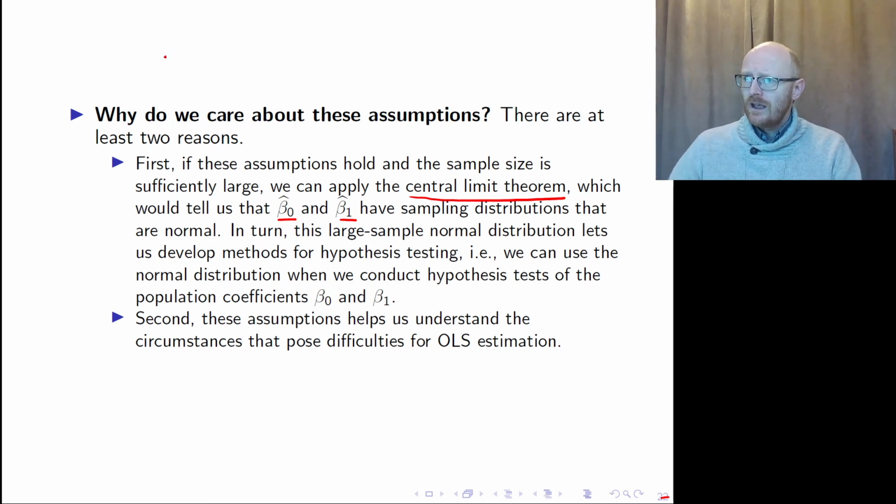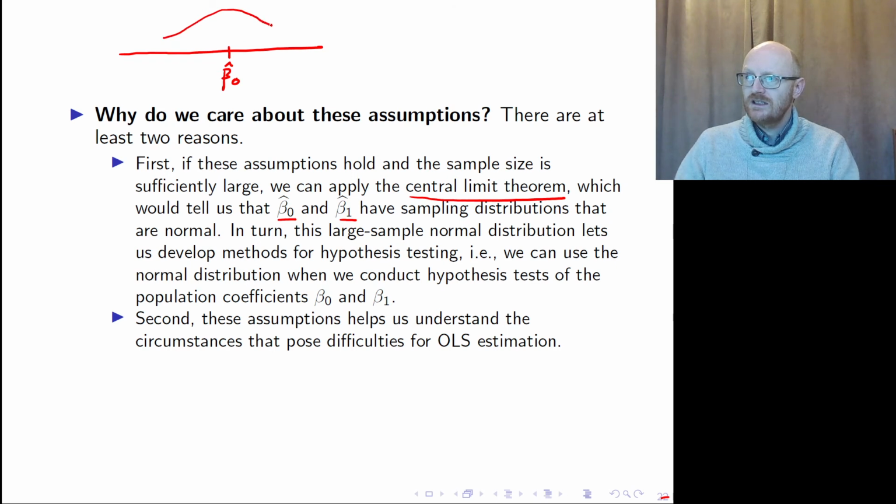So, for example, if our estimate of the beta 0 hat is here, then we know that if we draw a lot of these or redo the analysis, for example, this might be the intercept we get from picking 100 businesses and doing the analysis, then if we redo the analysis, we know that these estimates should have a normal distribution, right?